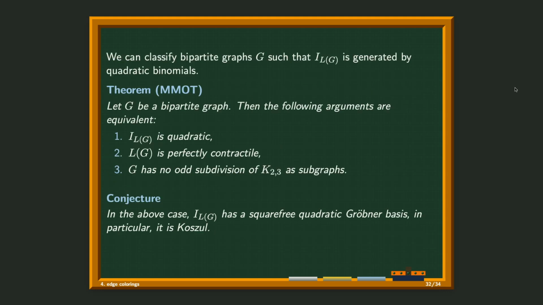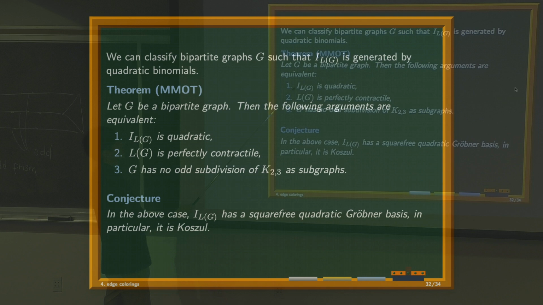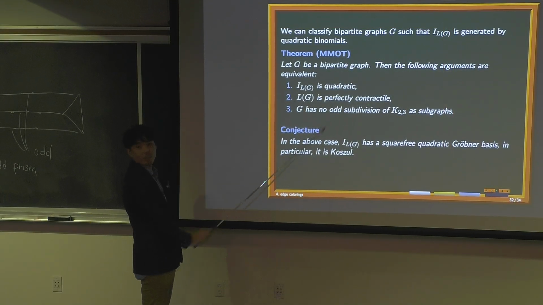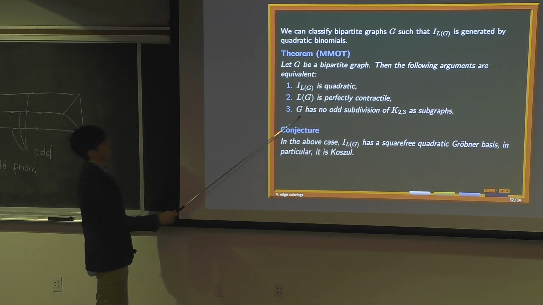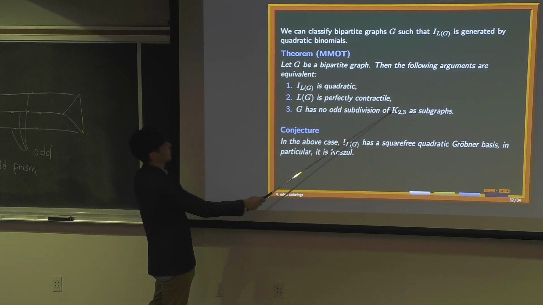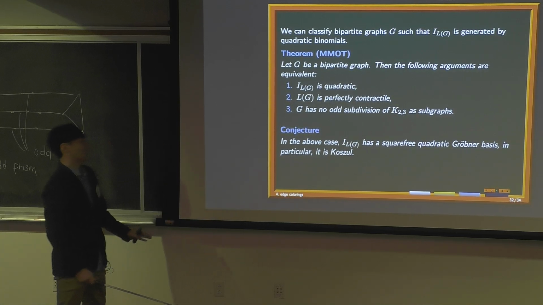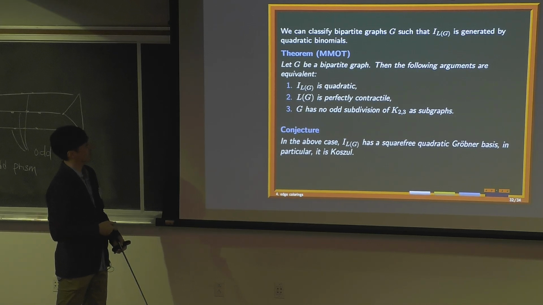Anyway, we can classify bipartite graphs G such that the stable set ideal is generated by quadratic binomials. Let G be a bipartite graph. Then the following are equivalent: the stable set ideal is quadratic; the line graph is perfectly contractile; and G has no odd subdivision of the complete bipartite graph K_{2,3} as a subgraph.